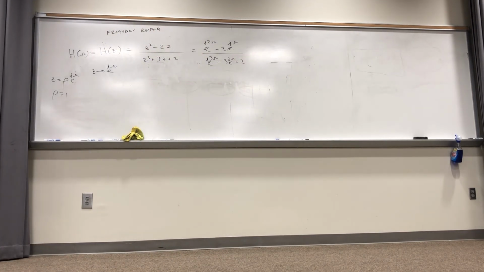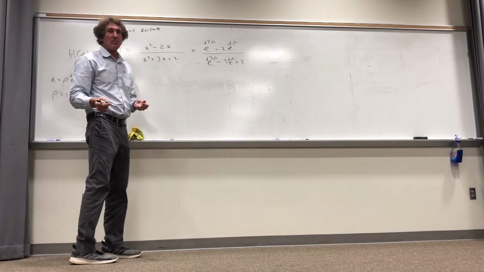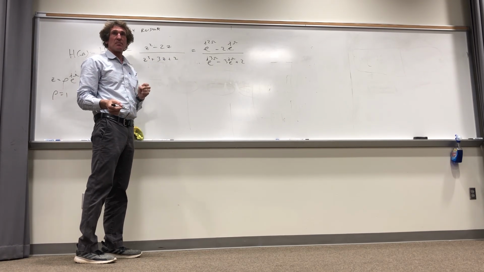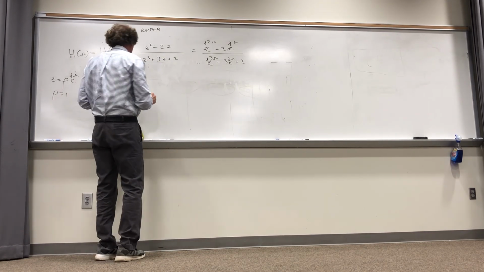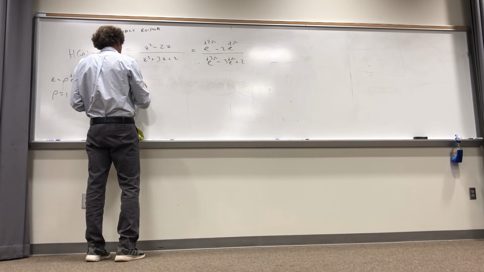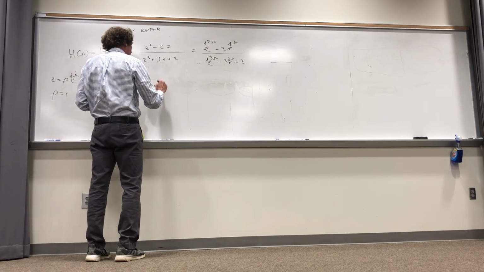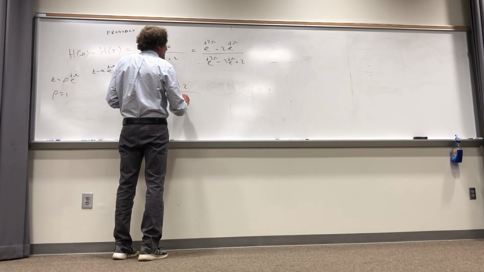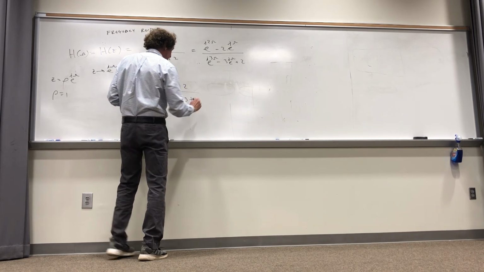When you want the frequency response of this, you start at omega equals 0. When you look at omega equals 0 here, what is e to the 0, class? 1. So H of omega equals 0 is really equal to 1 minus 2 over 1 plus 3 plus 2.